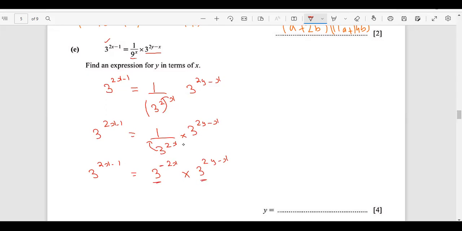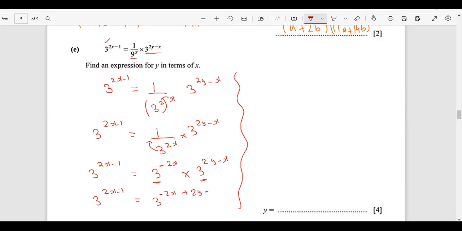When my bases are same, powers can be added. So 3 to the power 2x minus 1 equals 3 to the power minus 2x into 3 to the power 2y minus x. Now I can just simplify this and write it down as one base.